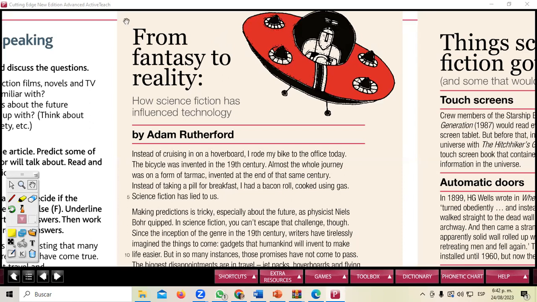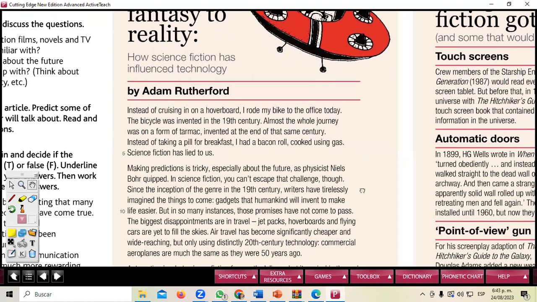A bicycle was invented in the 19th century. Almost the whole journey was on a form of tarmac invented at the end of that same century. Instead of taking a pill for breakfast, I had a bacon roll cooked using gas. Science fiction has lied to us.